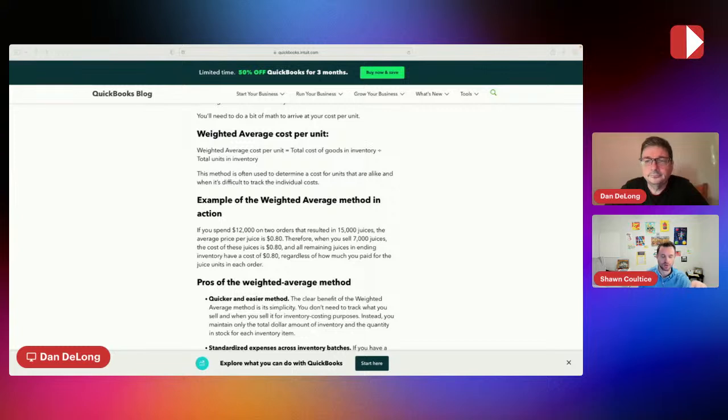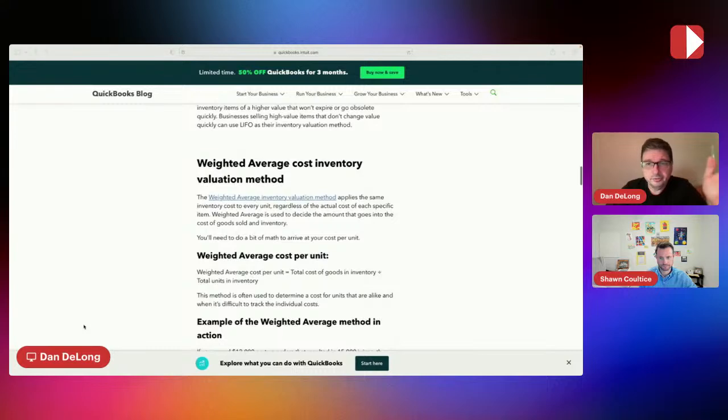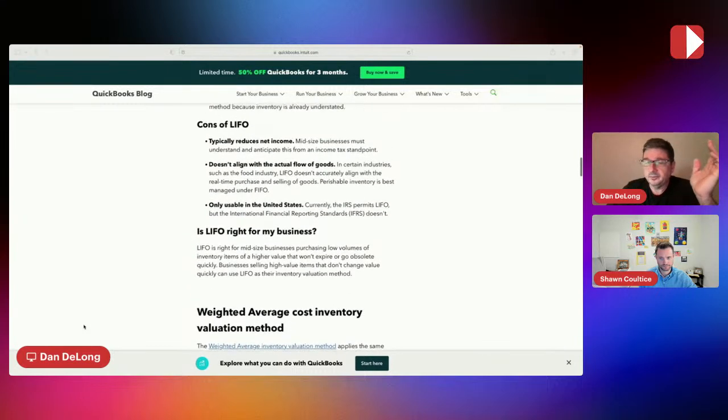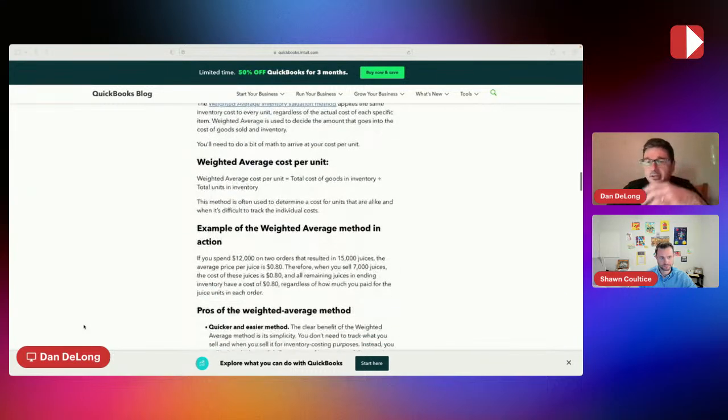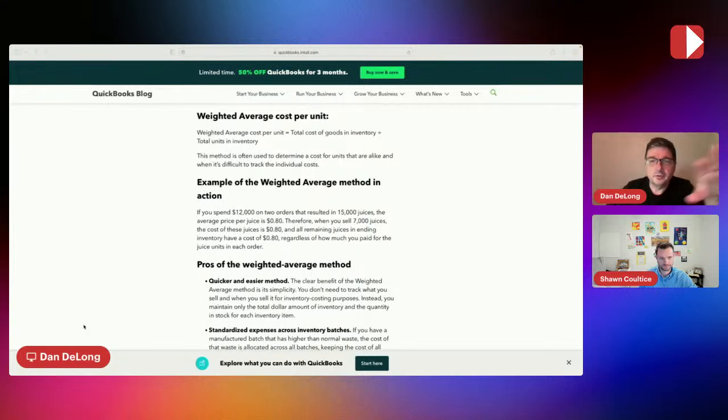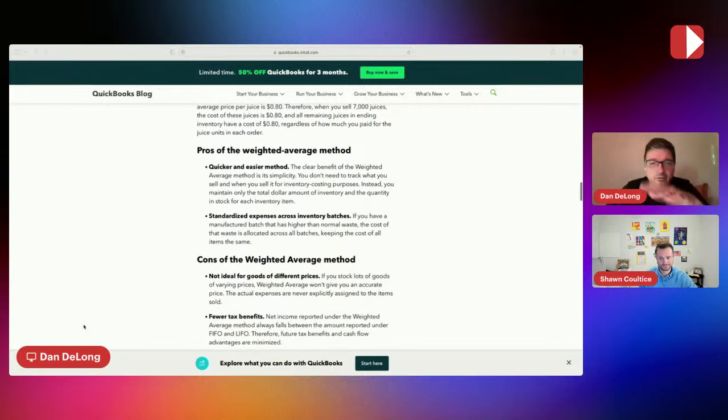It's going to be averaged out over the total amount that's in stock, and so it helps level out your cost. And in my opinion, you have a bit more of an accurate idea of profitability across the organization. Yeah, that's a good point. So the pros and cons of first in, first out, or last in, first out are kind of smoothed out by using this weighted average method.